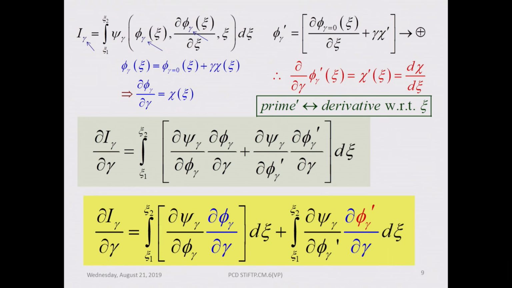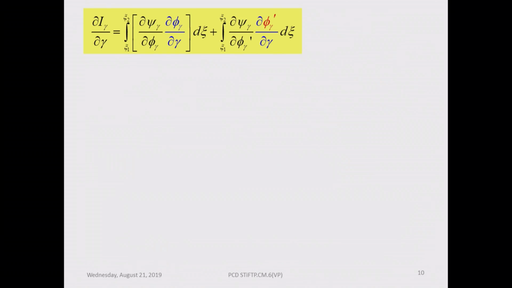So, I have written the same thing, but I have introduced a little bit of color code just to help us keep track of the terms. Phi prime itself is a derivative which I have written here, and then there is another term which involves a derivative with respect to gamma. So, these are the things which are changing because of gamma, because of the control parameter.